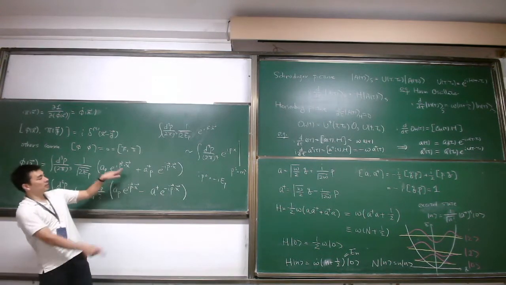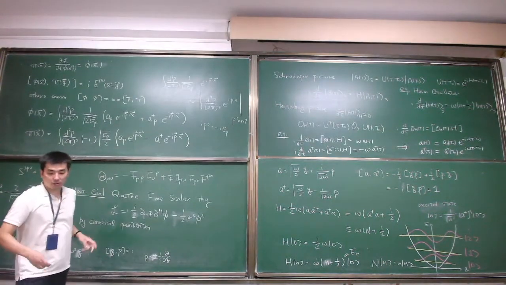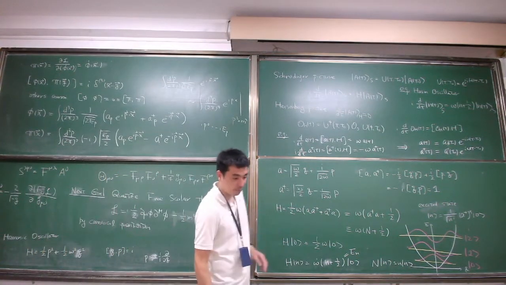The relative sign is the difference between plus and minus. This is the consequence of the Fourier transformation of phi and pi.